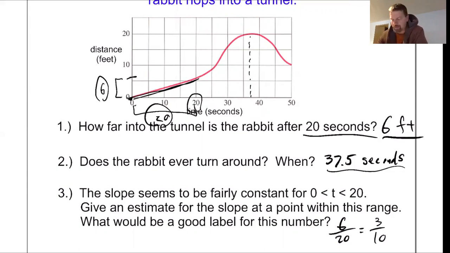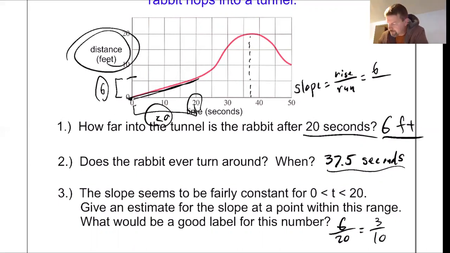A label for this is rise over run, right? I'm going to write up here slope equals rise over run. That rise wasn't just a 6, it was a measure of distance.